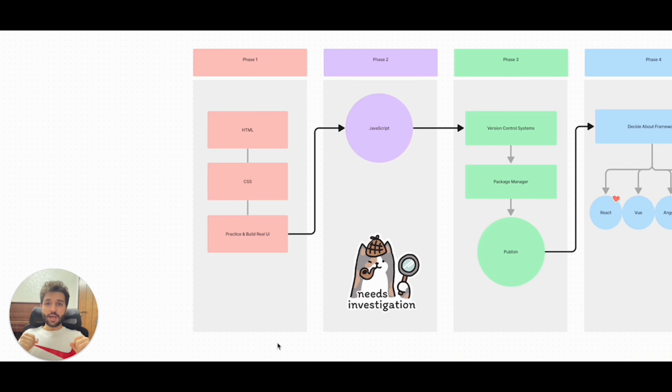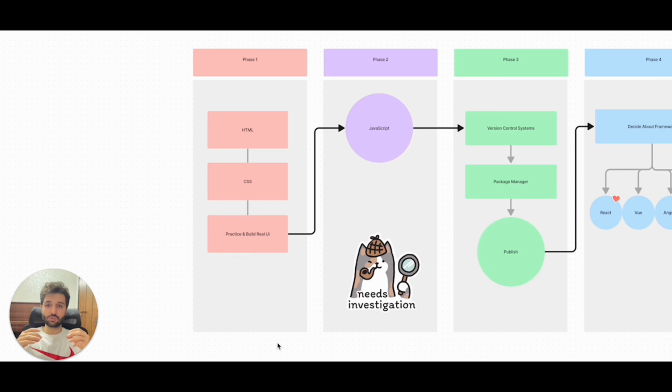So let's start our phases with phase 1 and see how we can learn front-end development and where we should start. At first, in our first phase, we should learn HTML and CSS, and practice with them.